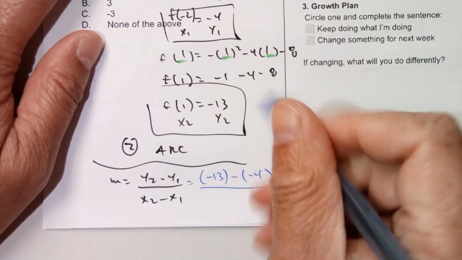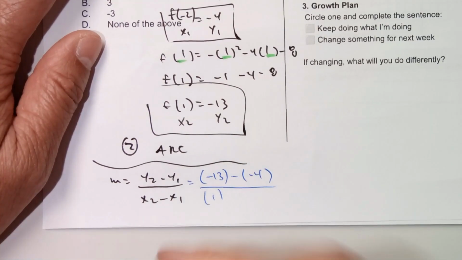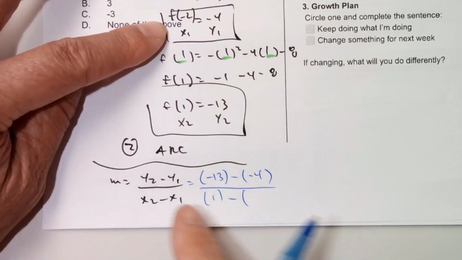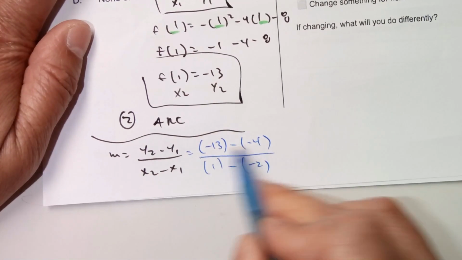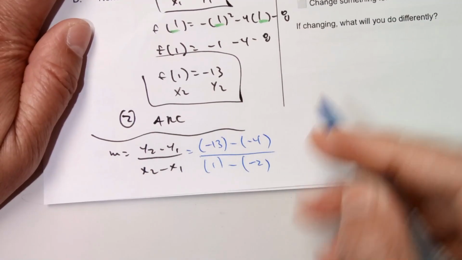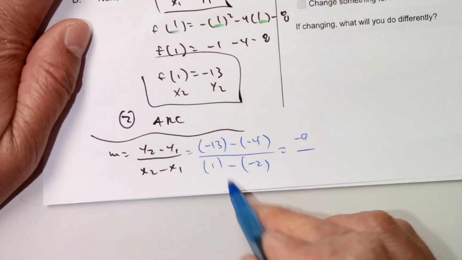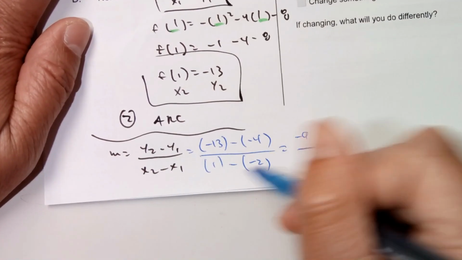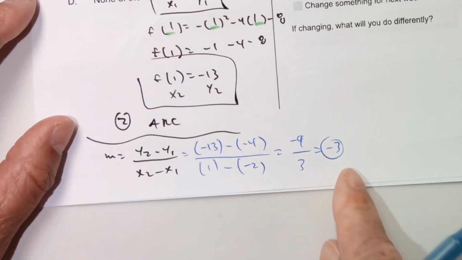Remember, you can have these switched as long as the 1s, then the 2s. x1 value is negative 2. So this will give us, that'll give us negative 13 plus 4, which is negative 9. And 1 minus 2, so that becomes plus 1. Plus 2 is 3. And this will give us negative 3 as our answer. So that would be choice C is our answer.